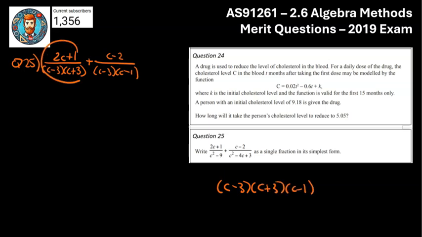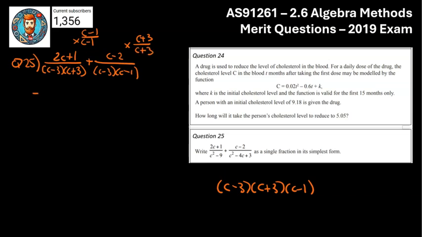So that means I've got to multiply this fraction here. I need to get the c minus 1 involved for that fraction. So that fraction there needs to be multiplied by (c minus 1) over (c minus 1). And my second fraction, well, that's missing c plus 3. So that fraction there needs to be multiplied by (c plus 3) over (c plus 3).